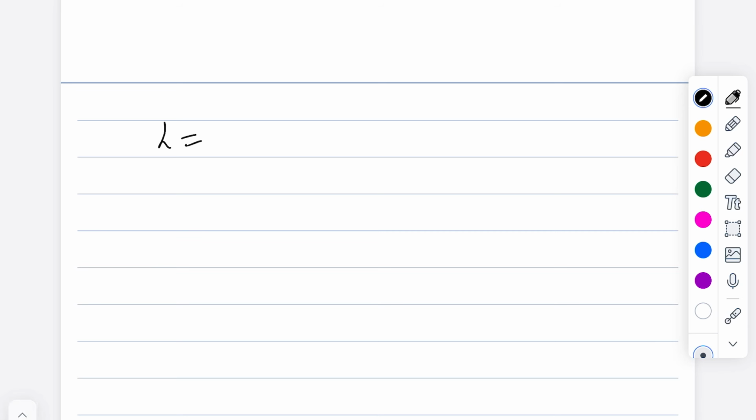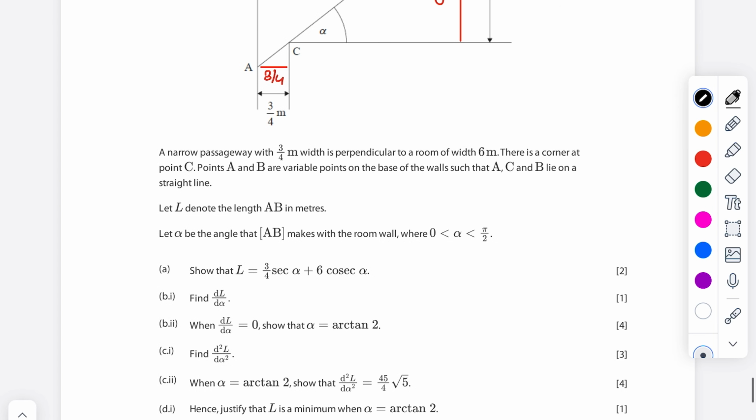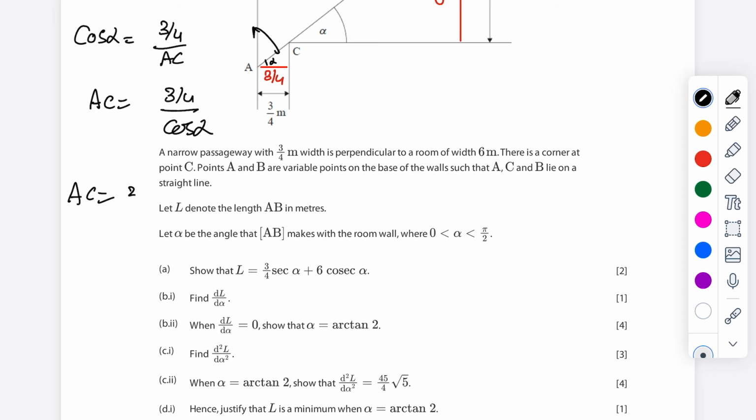So we know that L equals, from the diagram, AC plus BC or CB. First of all, I'll take the smaller triangle AC. So this is also angle alpha. So cosine alpha equals 3 upon 4 upon AC. So AC equals 3 upon 4 upon cos alpha. So AC equals 3 upon 4 secant alpha.